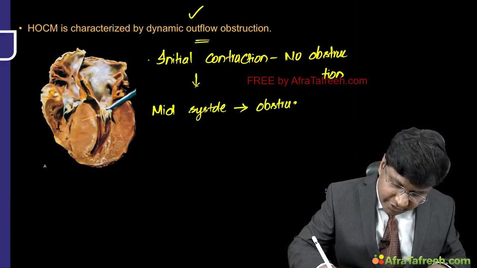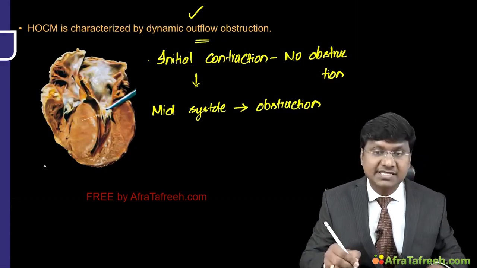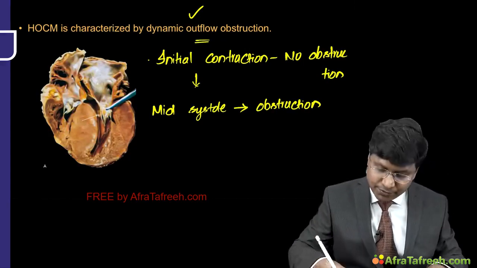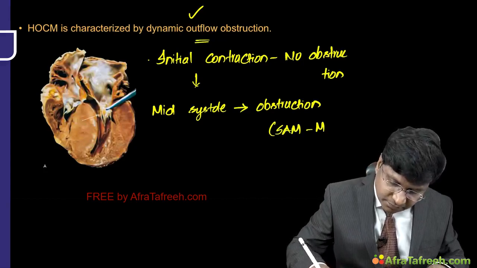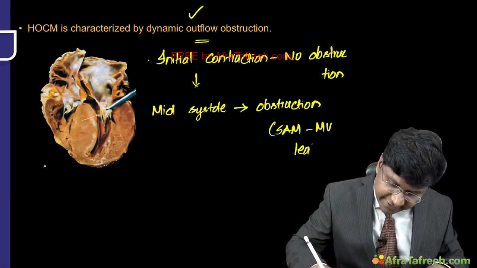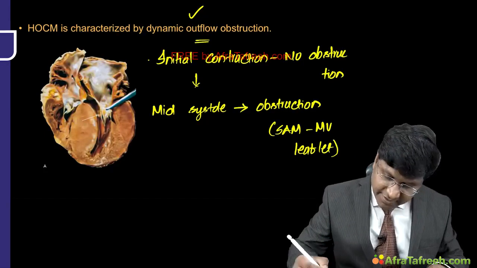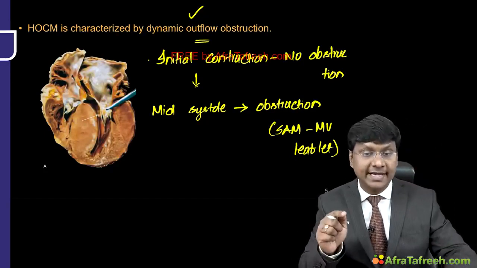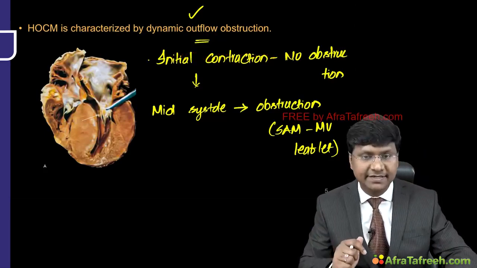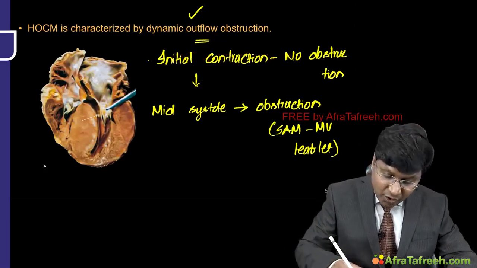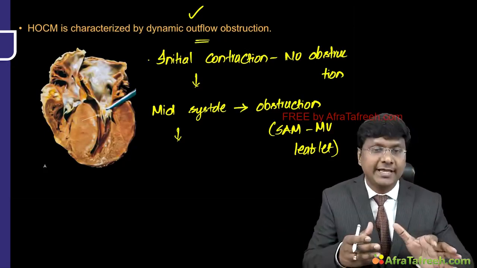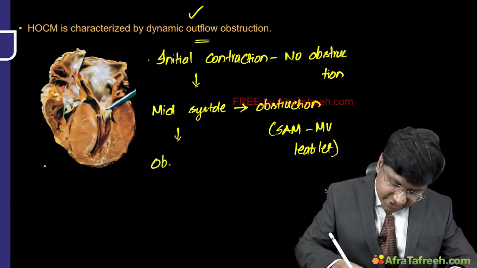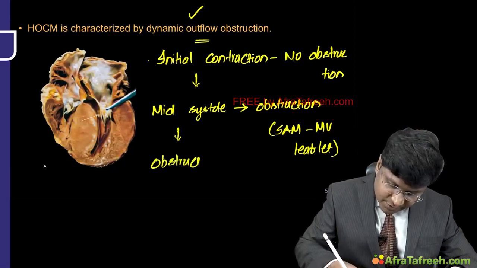The obstruction you see in the mid-systole is due to systolic anterior motion of the mitral valve leaflet. SAM stands for systolic anterior motion of the mitral valve leaflet. In order to overcome this obstruction, the LV contracts forcibly, and then the obstruction disappears or reduces.